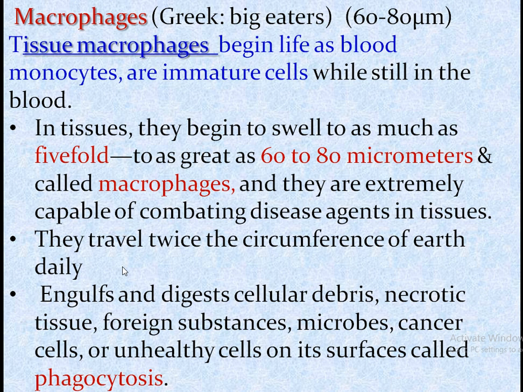Once they have come out of the vessel, we have two types of macrophages. Number one, these macrophages may circulate in the extracellular fluid compartment outside the blood vessel and among different tissues. In the whole of the extracellular compartment, they are moving.